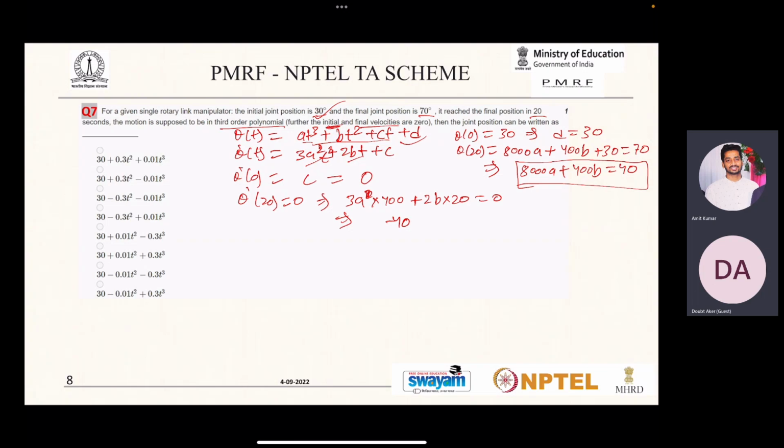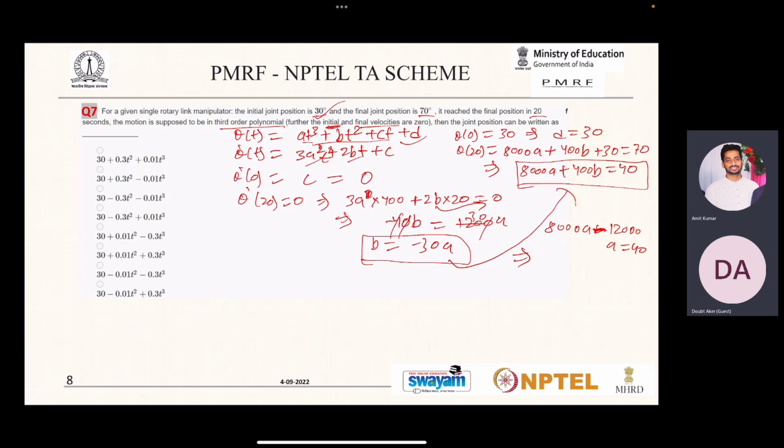So from here, what will you get? You'll get 40 minus 40b. If you send this to that side, minus 40b equals 1200a. So b will become minus 30a. If you put this here, what will we get? 8000a minus 12,000a equals 40.